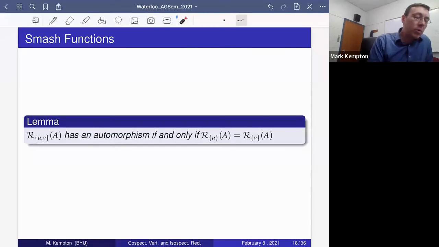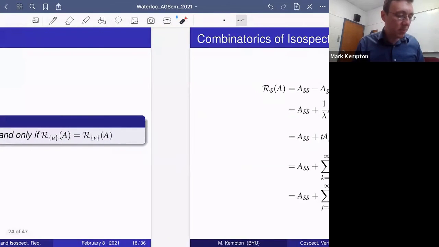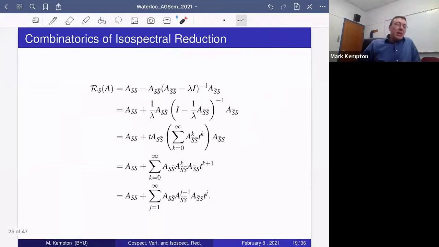So first of all, what we're really going to prove is that if two vertices are cospectral, the isospectral reduction onto the single vertex U and the single vertex V are the same. And it's not too hard to show that if that's the case, then this 2x2 matrix has an automorphism. Okay, so the idea here is to understand what's really going on with the isospectral reduction.